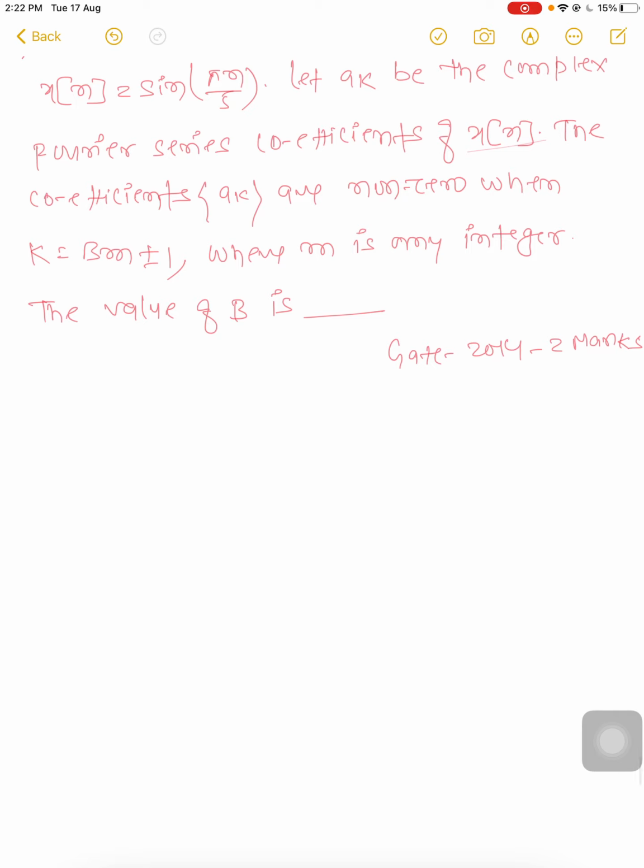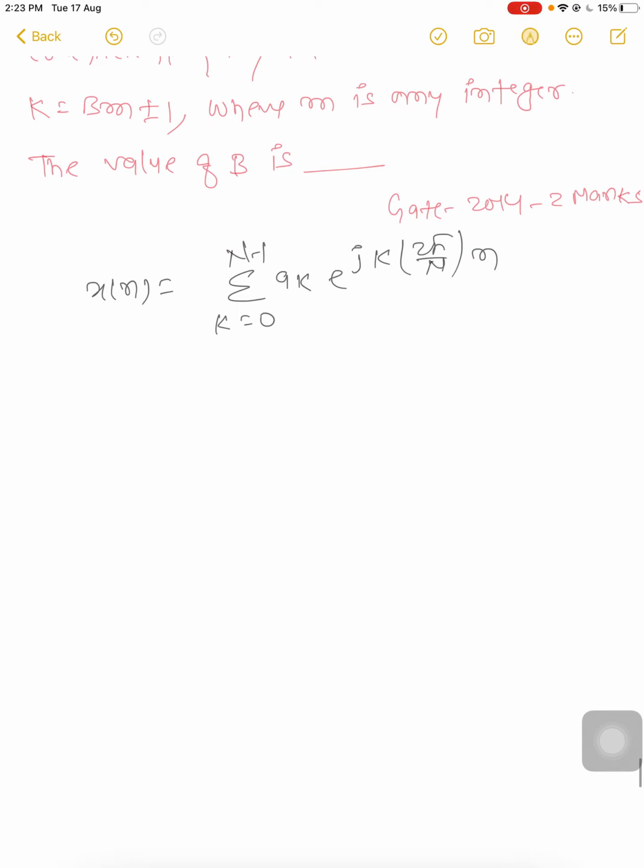Then what is beta? Then xn is, k is equal to 0 and minus 1, ak e to the power j k 2 pi n.